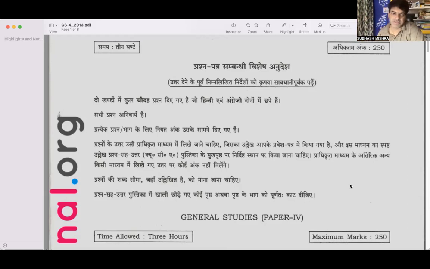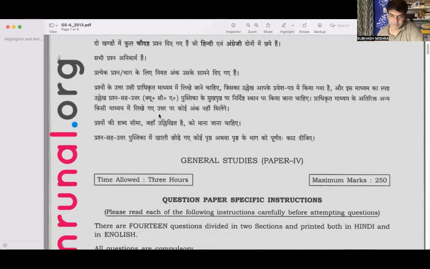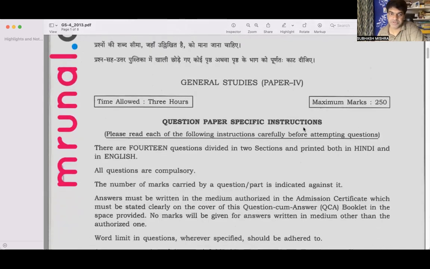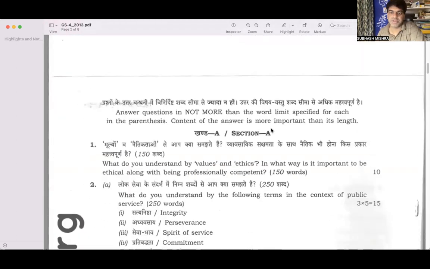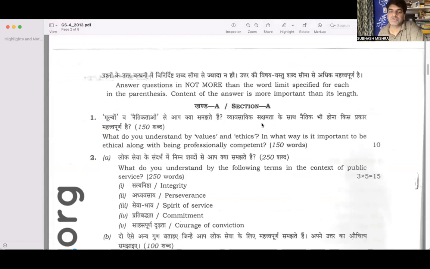So one by one, we'll see that here 14 questions are here, 250 marks paper. You get 3 hours to write. There are 2 sections. Already we have seen that. And we don't have to write too much here. They are telling us to answer questions in not more than the word limit specified for each in the parenthesis.